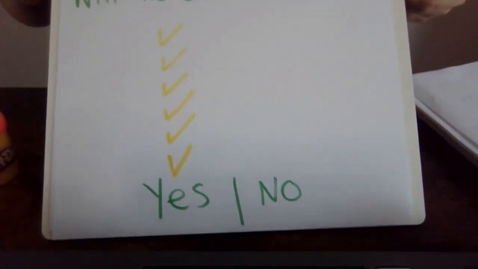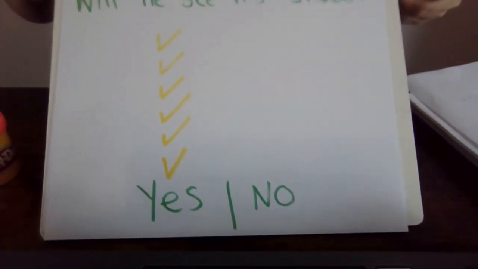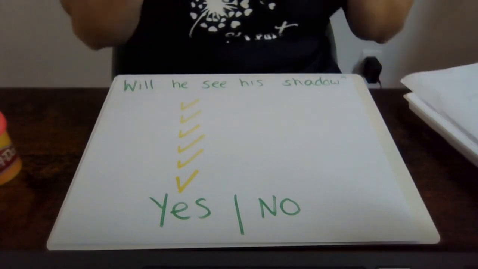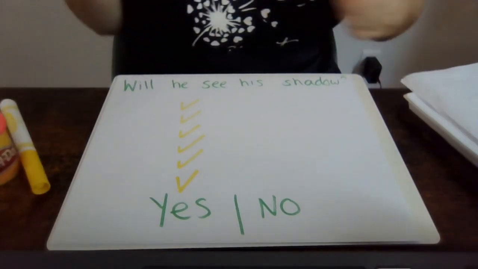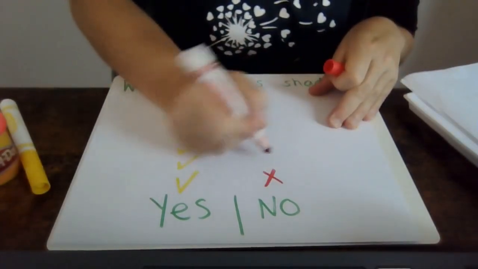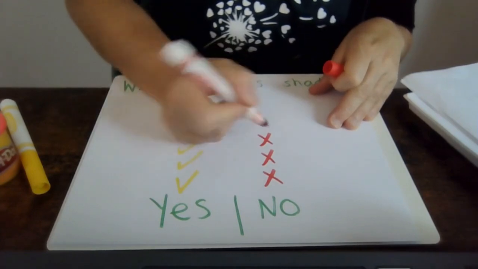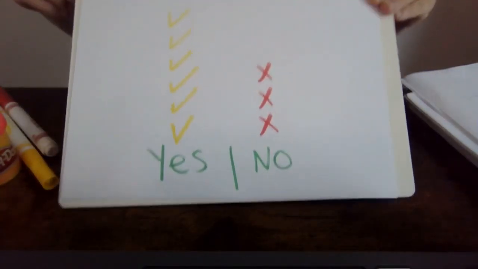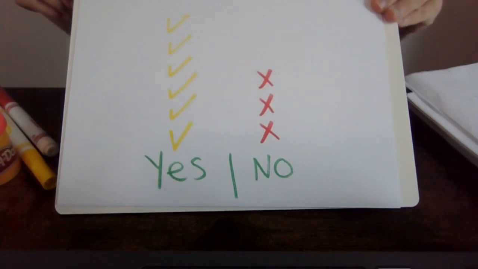Do you see? 6 check marks. 3 people said no. So how many X's am I going to draw? 1, 2, 3. And there's a very simple way of representing data on a very simple graph.